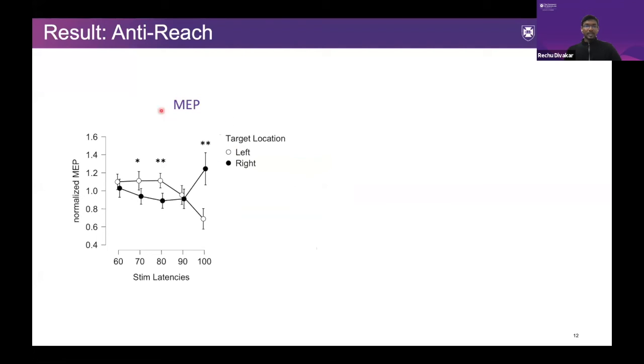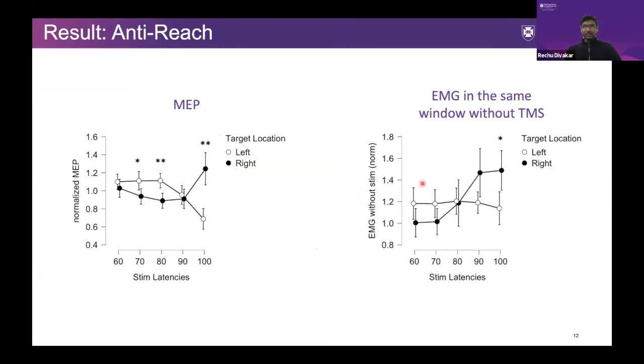And if we compare the MEP to the background EMG, we see that there is no significant difference until about 100 milliseconds. And there is a trend to flip in activity that is broadly related to the MEP results that we saw. So while the background EMG does not exactly have the same pattern as the MEP results, there are some changes that could be related to the MEPs.